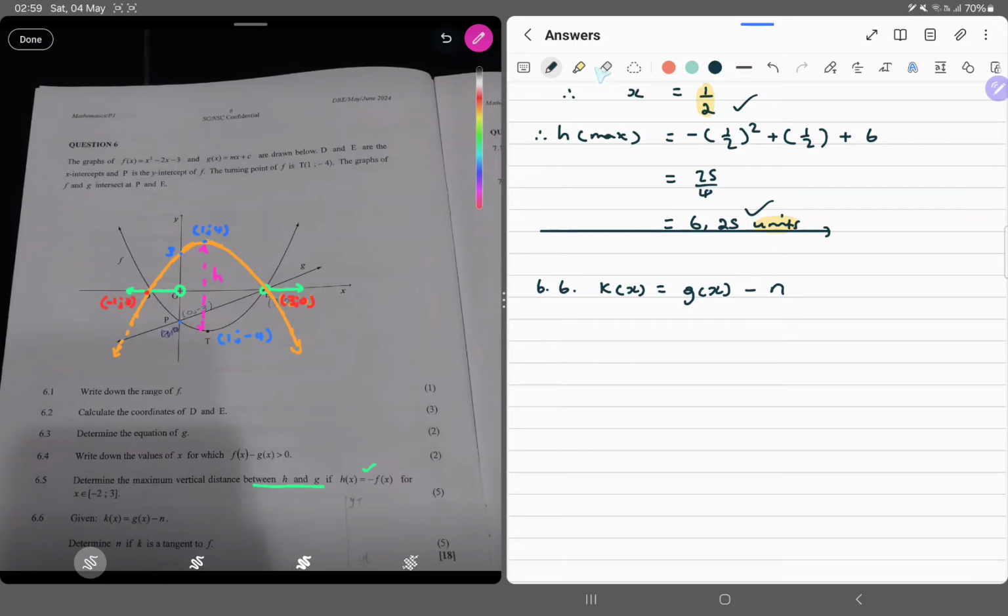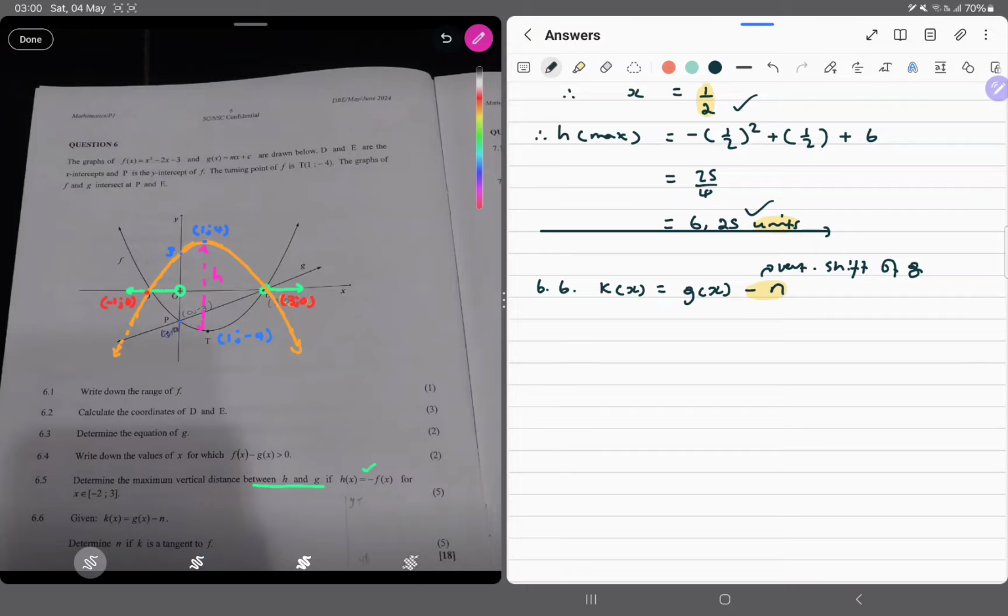So what is going on here? This is a vertical shift or translation of g. Okay, good. Now we are told here to determine n if k is a tangent to f.